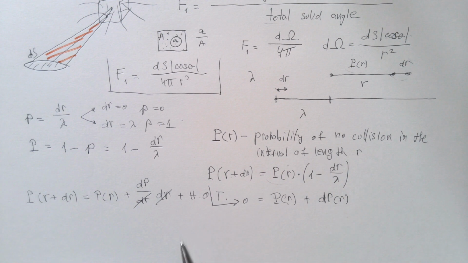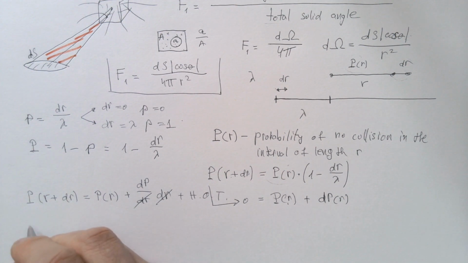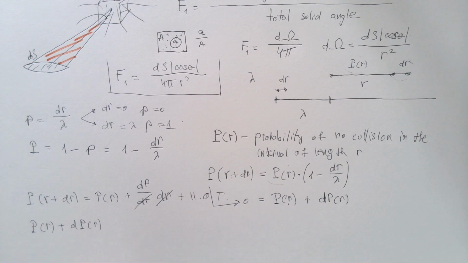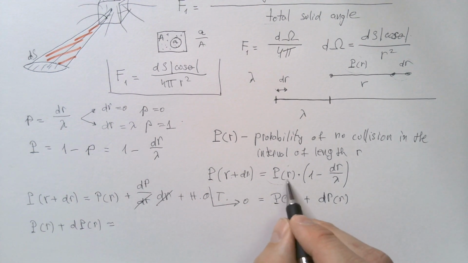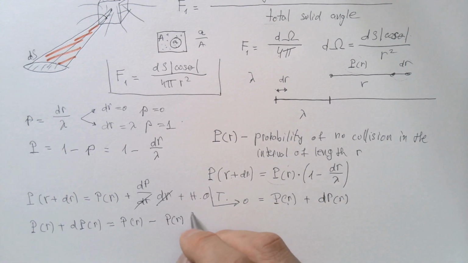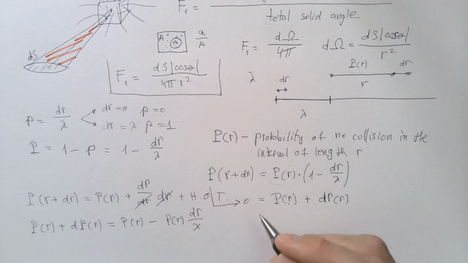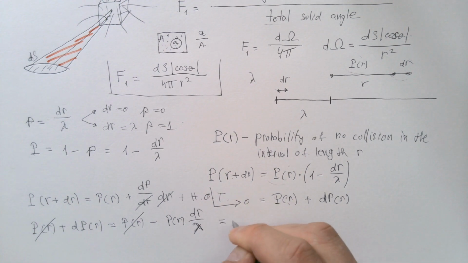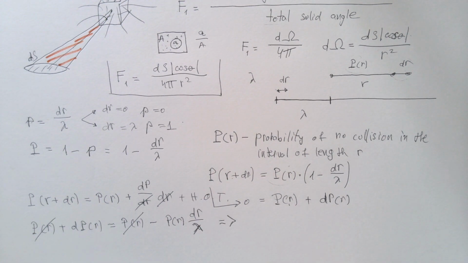Now plugging this over here, we get P of r plus dP of r, where all these P's are capital P's, equals, I will multiply this, P of r minus P of r dr over lambda. Notice that this and this cancel, and I get a differential equation that separates variables.